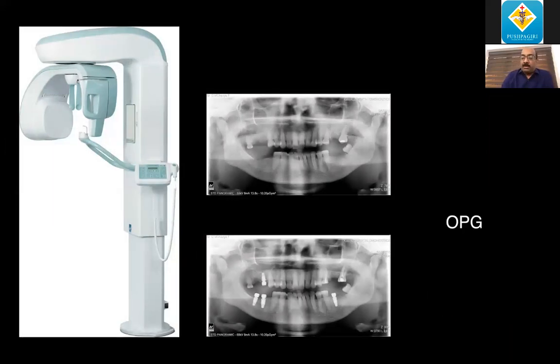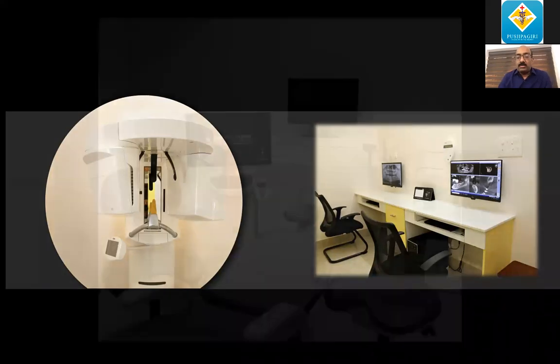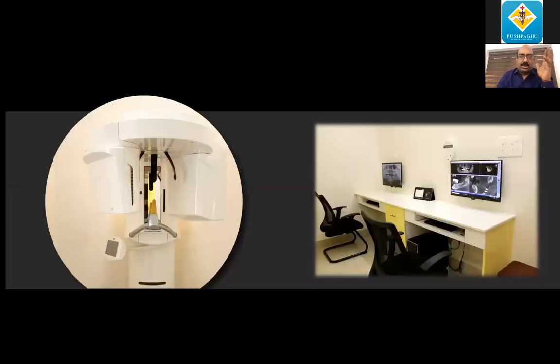When you open up the flap, that is the time you realize that the bone is very little. So we changed the scenario. We started practicing implantology from two-dimensional diagnosis to three-dimensional diagnosis. I'm fortunate to have a CBCT machine in my practice now. For the last 5 years, we have had that machine in our place.